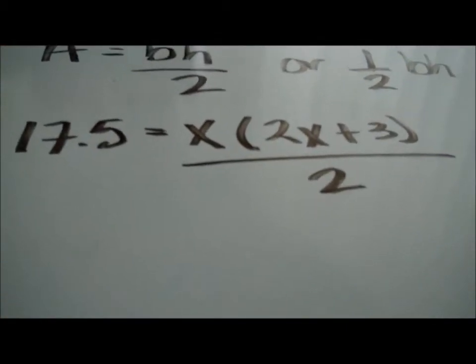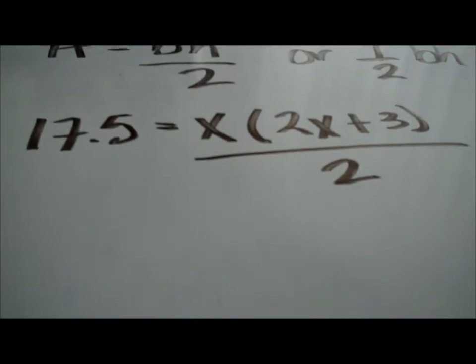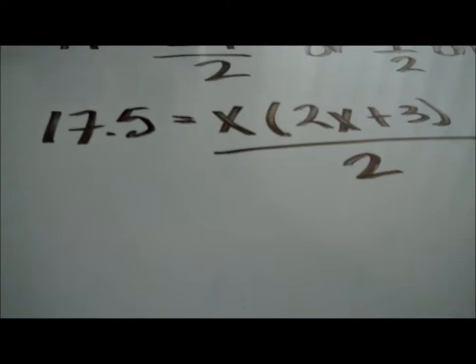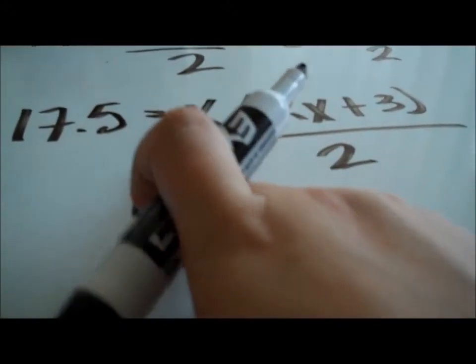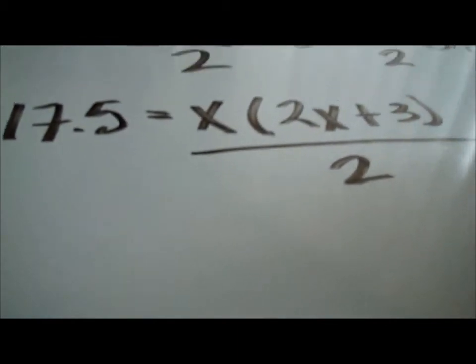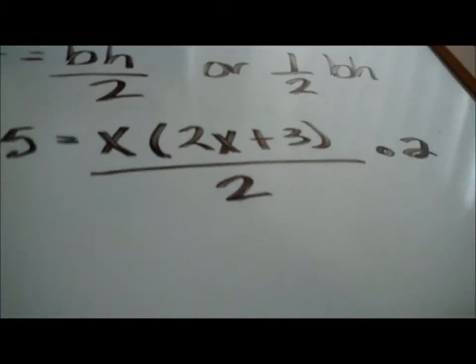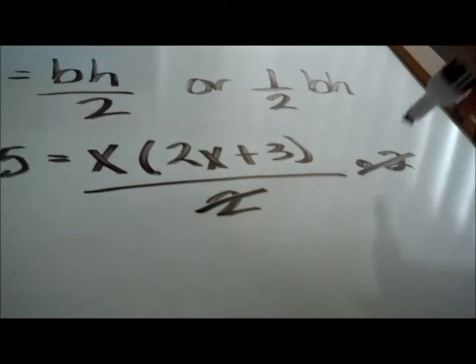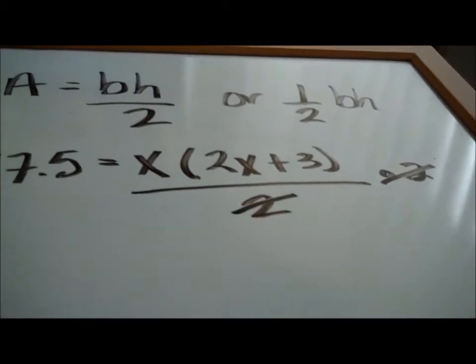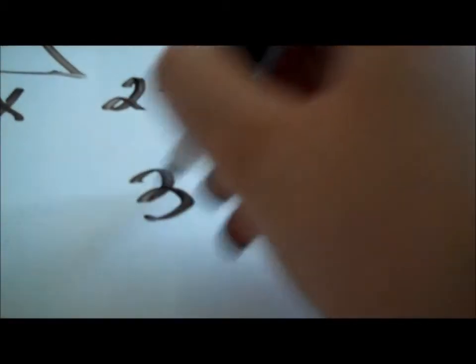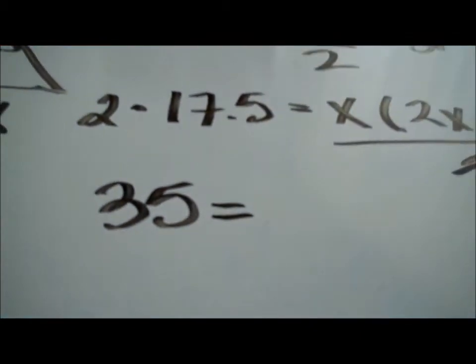Okay, fractions are not our friends, so again, we've learned to use the shorthand or the shortcut for this. You can only use the shortcut if you see an equal sign, which we see right here. So it's okay to multiply both sides by 2. So multiplying it by 2 here, that is going to cancel out. Do not multiply this through. I'm going to multiply by 2 here. So that reduces down to 35.